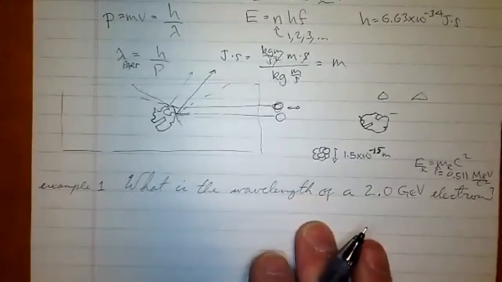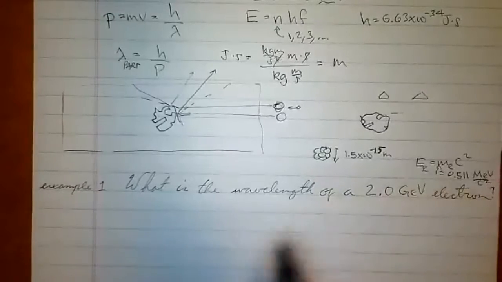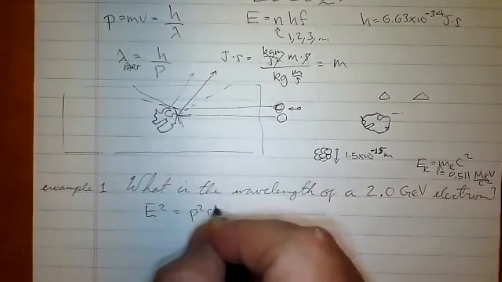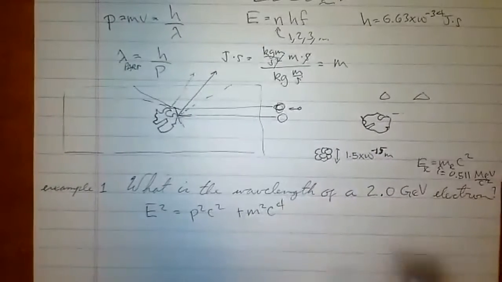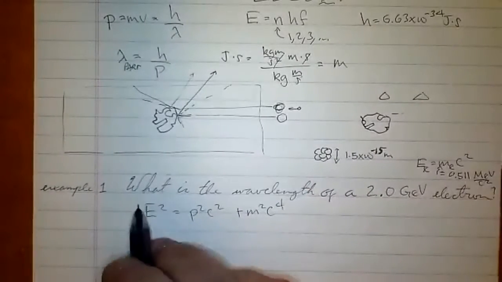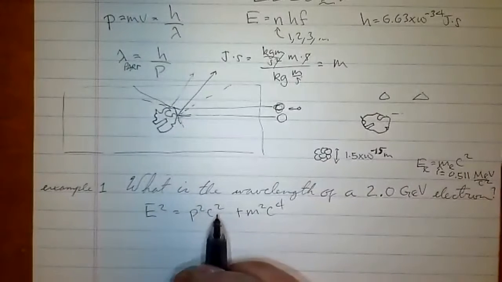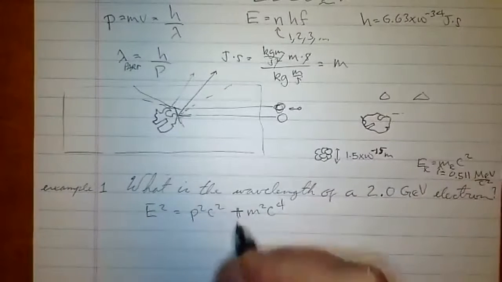And the equation that relates energy and momentum, and therefore wavelength, is E squared is equal to P squared c squared plus m squared c to the fourth. In other words, it's basically saying that the total energy squared is equal to the momentum squared times the speed of light squared plus the rest energy of the particle.